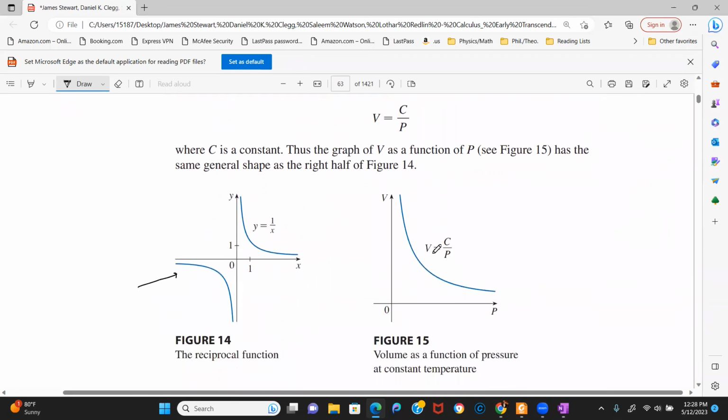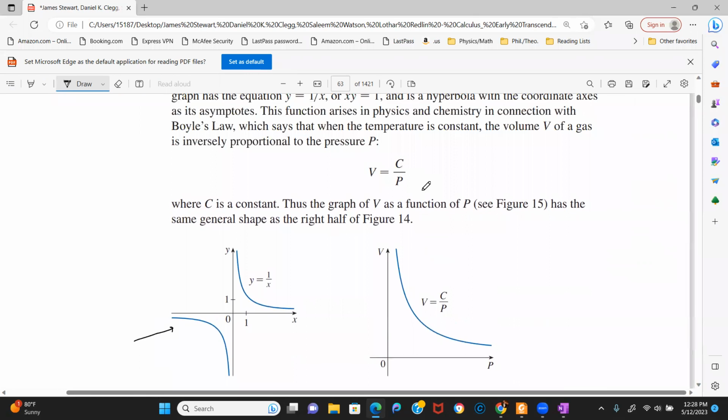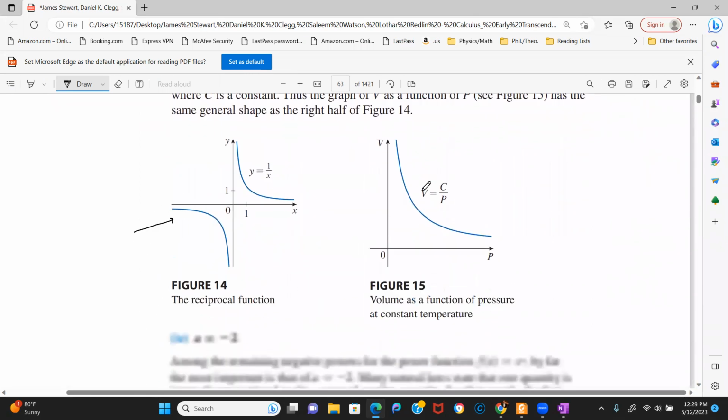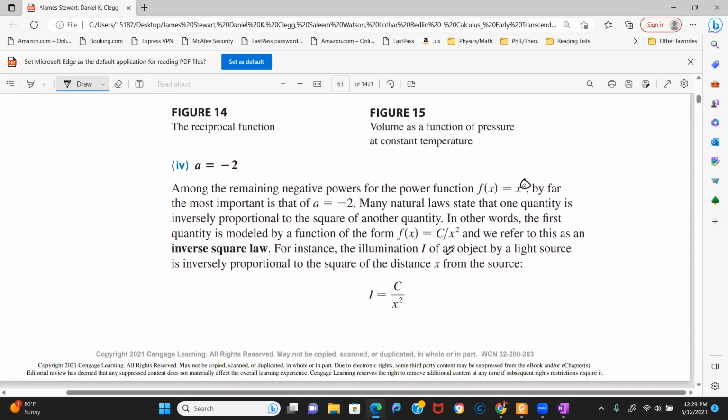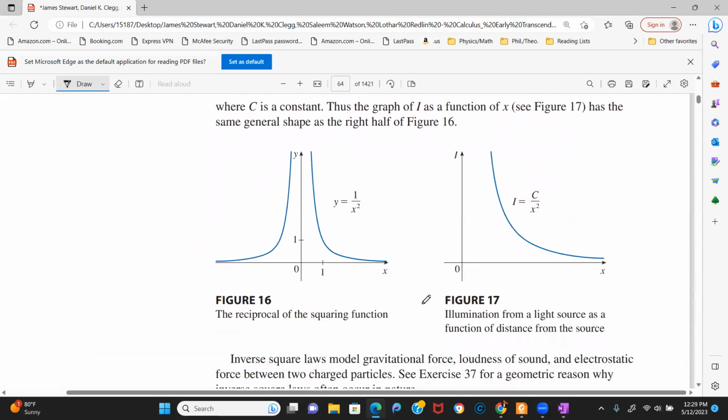So there's an application if you're interested, but I'm not really interested in that for our purposes, just to save time. And there's also the inverse square law about illumination of an object by a light source. You can read that if you want. But for us, this is what y equals 1 over x squared looks like. So this is another important one to remember.